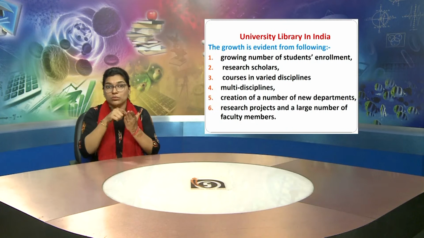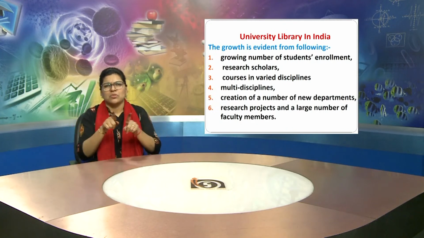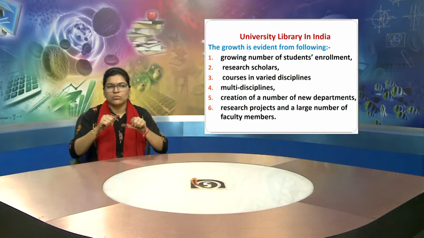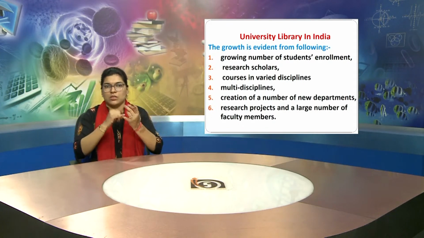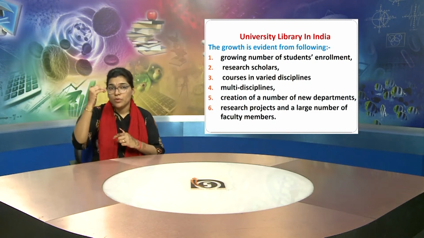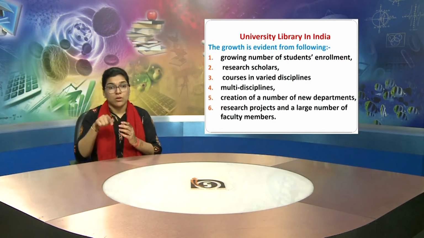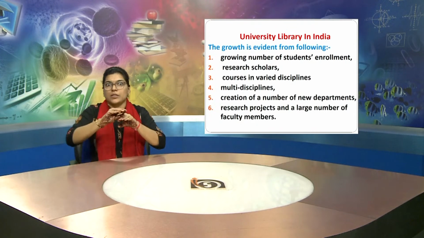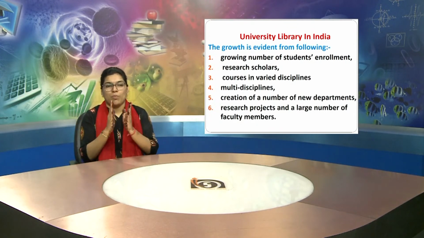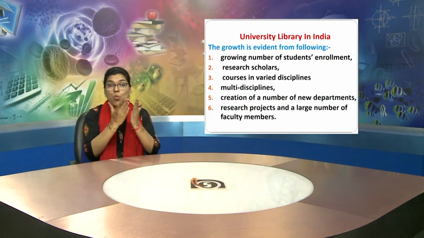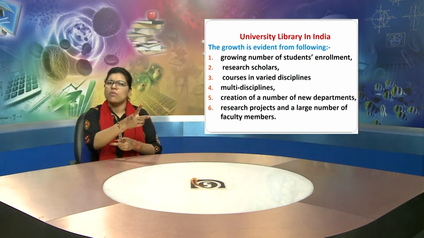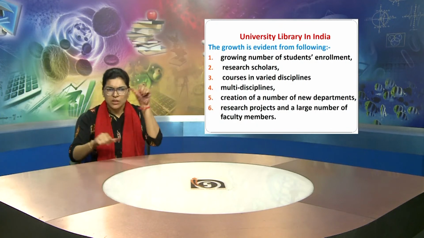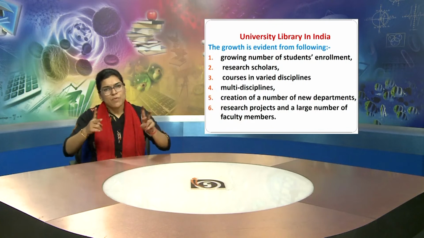The second point explains that there are research scholars who are doing research. They also add to the growth. The next point explains the courses in varied disciplines. There are different subjects studied in the university, and all the subjects have different students enrolling every 6 months or every year.